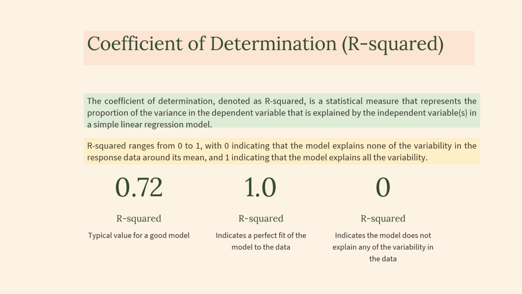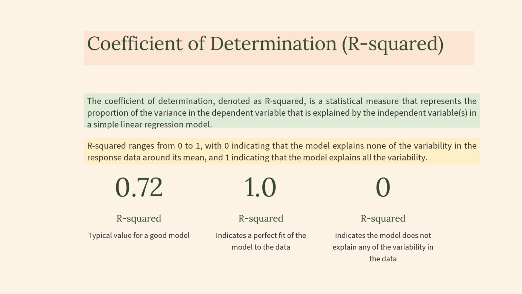R-square ranges from 0 to 1, with 0 indicating that the model explains none of the variability in the response data around its mean, and 1 indicating that the model explains all the variability.